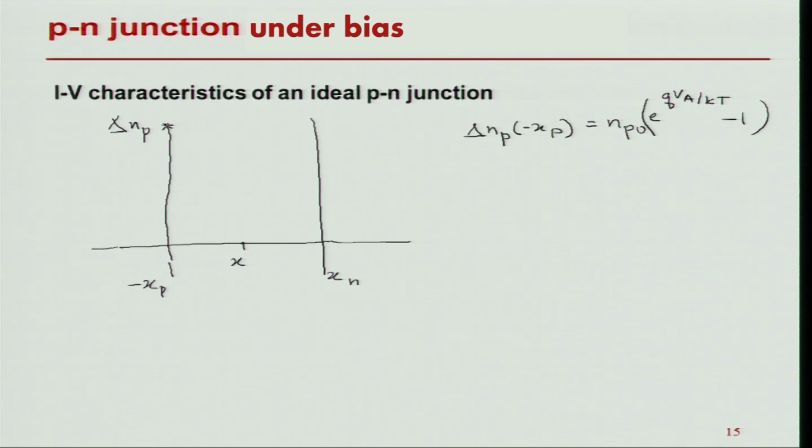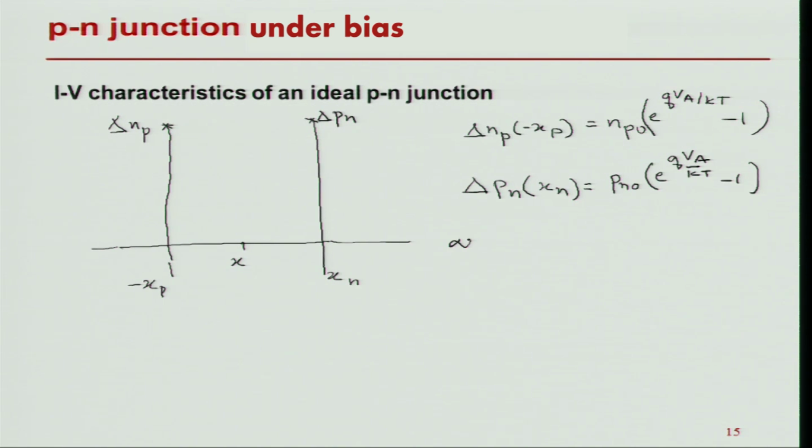This would be the excess concentration here. Similarly, I can do the same derivation for the hole concentration on the n side at point x n, and that will be given by the equilibrium concentration that was there on the n side. So, I know what is the excess concentration in the forward bias at the depletion edge.